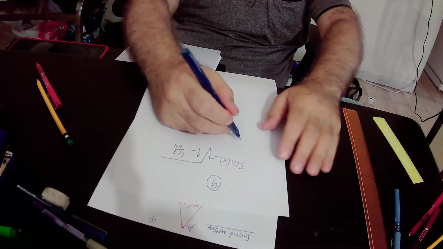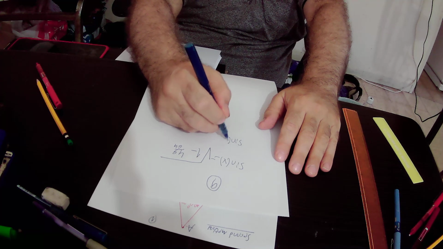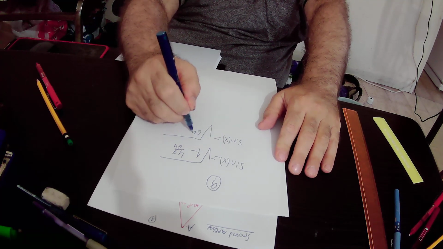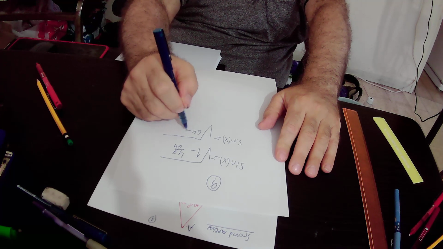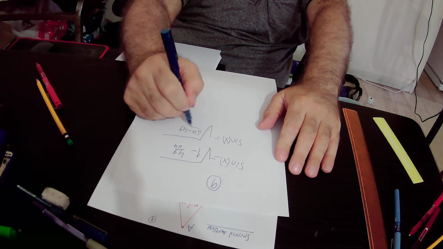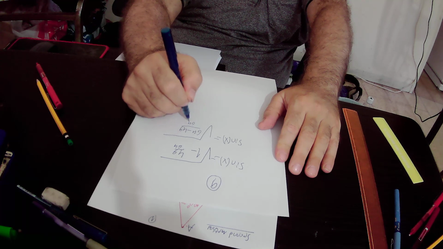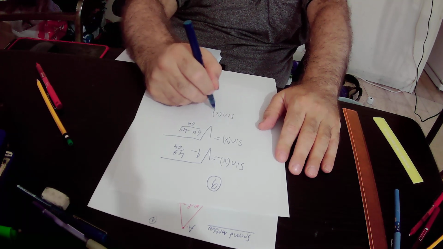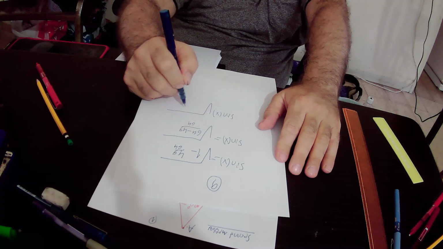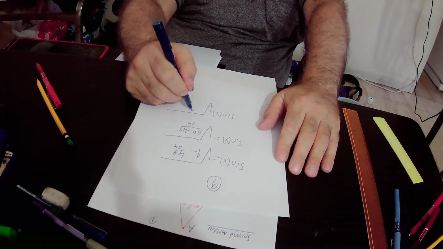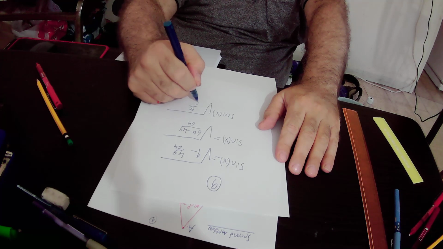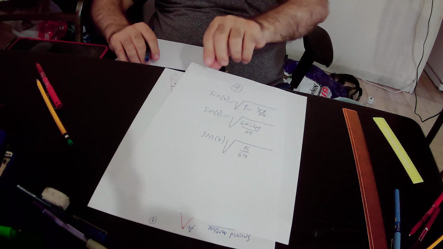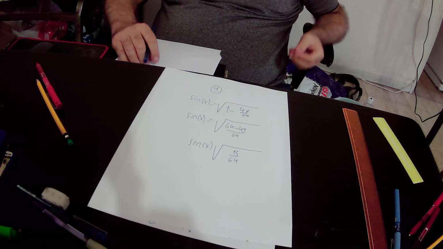We will get that sine x equals the root of 64 minus 49 over 64. So sine x equals the root of 15 over 64.